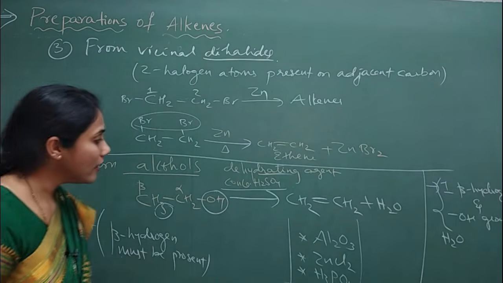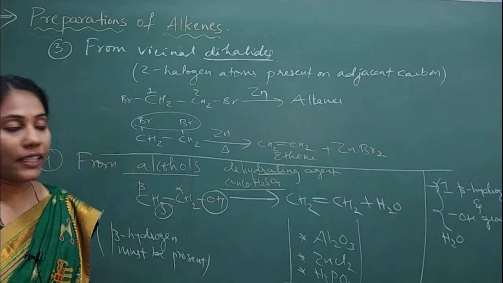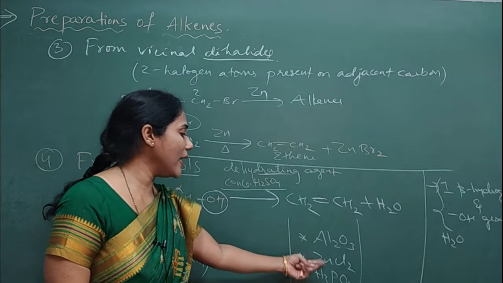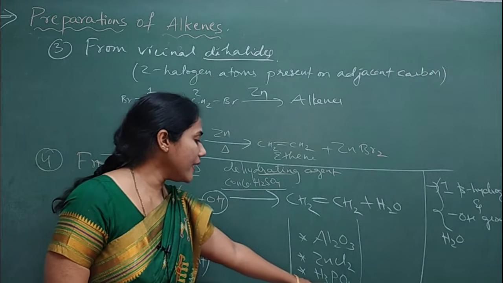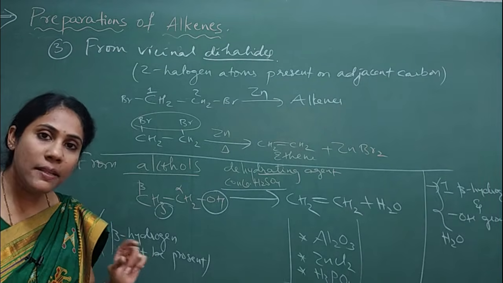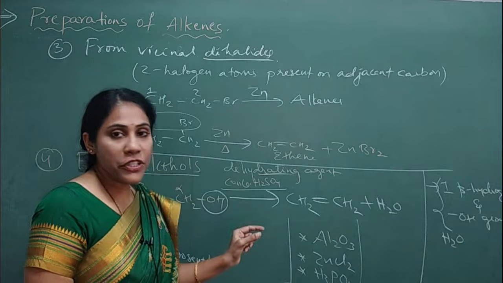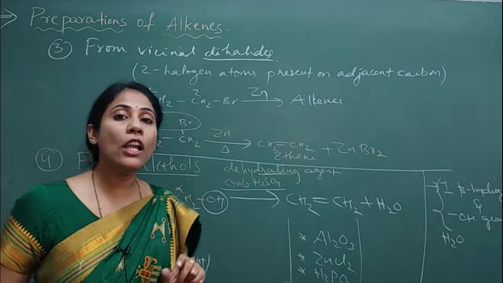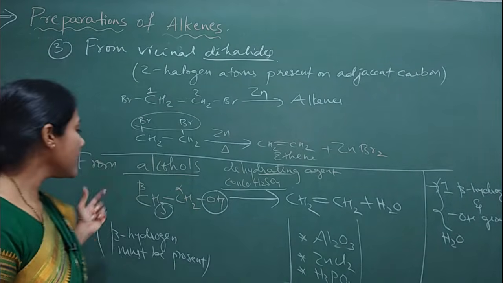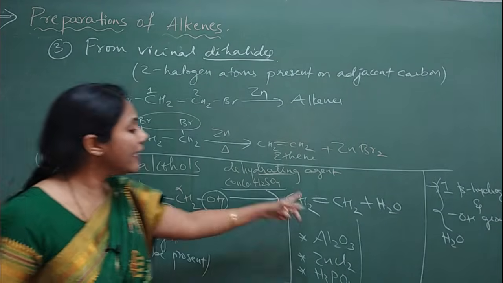But concentrated H2SO4 is a very strong dehydrating agent. Usually ZnCl2 and H3PO4 are mild dehydrating agents. What is the meaning of the word dehydrating agent? It is the reagent that helps in the removal of water.